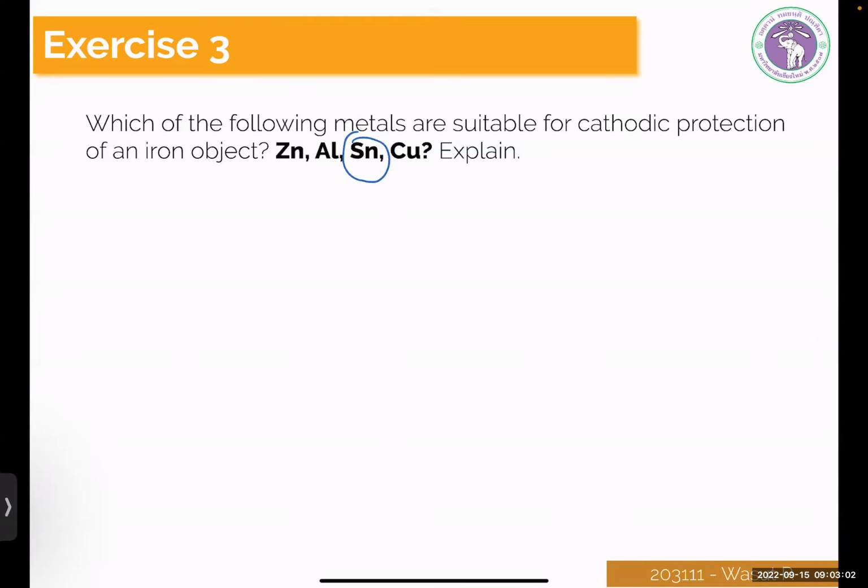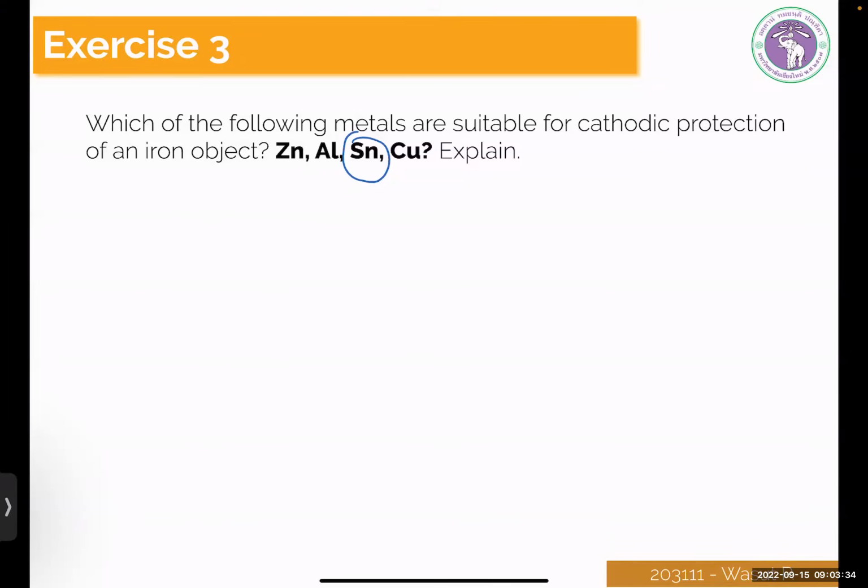What's the E° of the tin half cell? Can you tell me? It's minus 0.1 something, right? Compared to iron, which is minus 0.44. Which one will rust before which? Iron or tin? If you put them together, which one will rust first? No, it's iron.